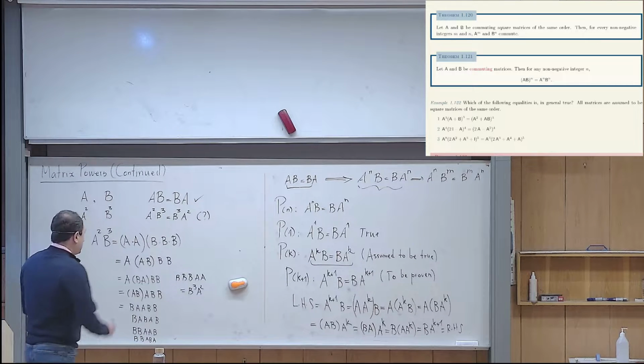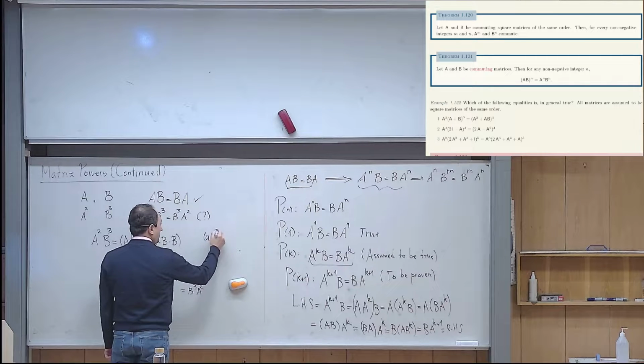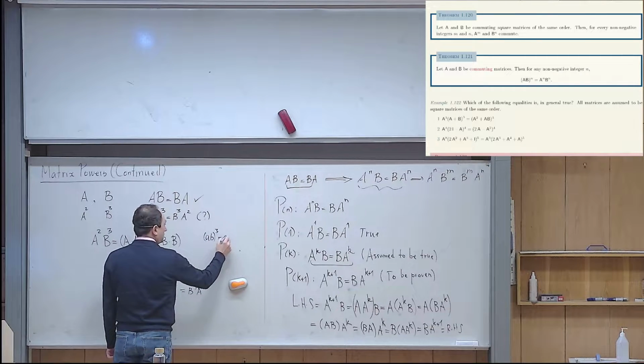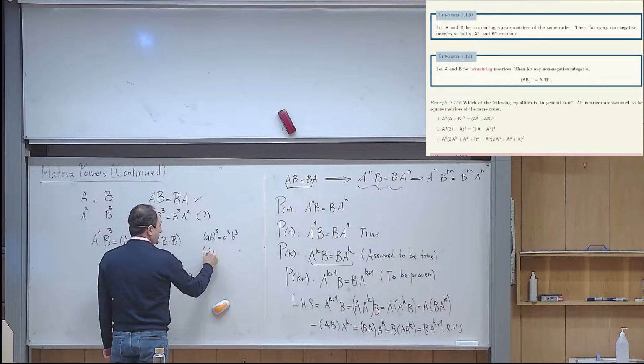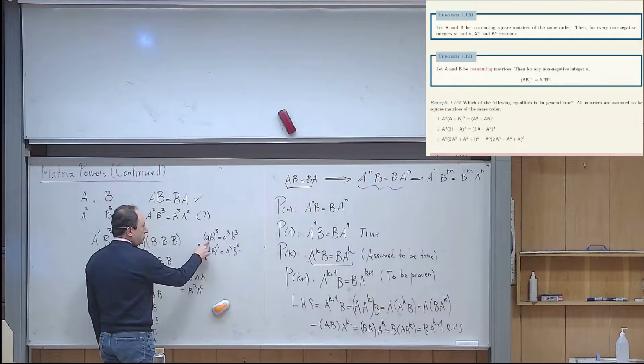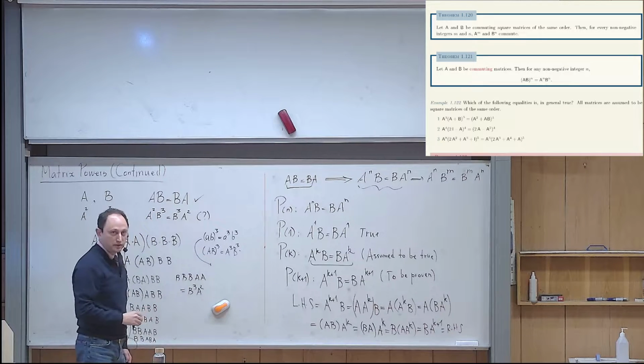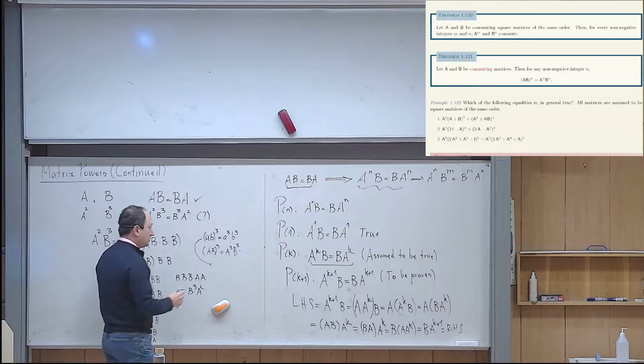Here, if I have numbers, for example (ab) to power 3, then I can write a to the 3, b to the 3. But if they are matrices, there is no guarantee that this is the case. Why? Because if you go through the proof for numbers, you see that you have to use commutativity, which is not the case in general for matrices.